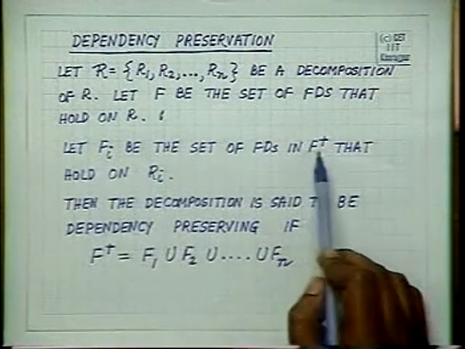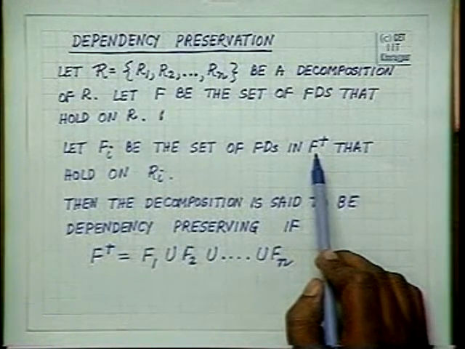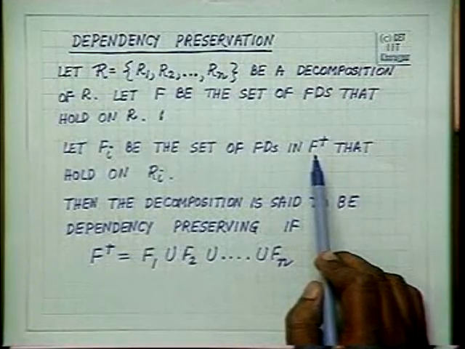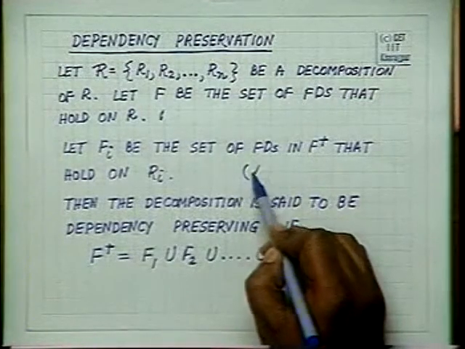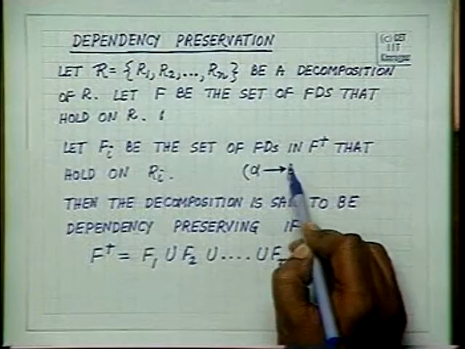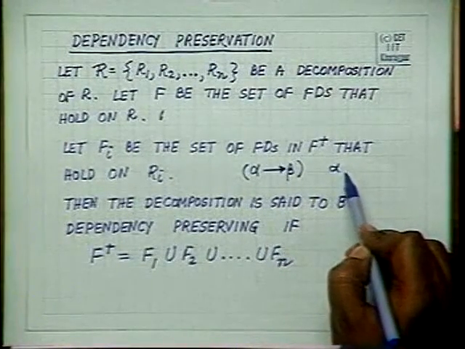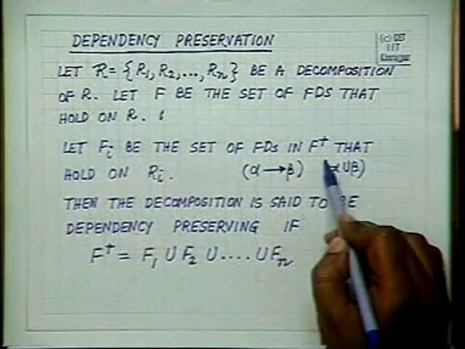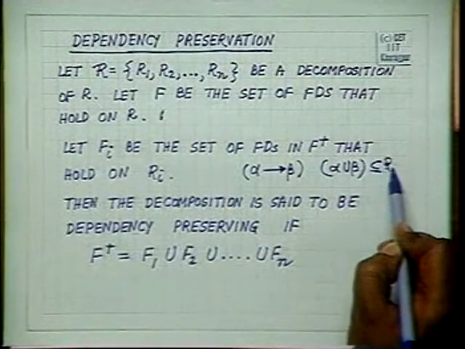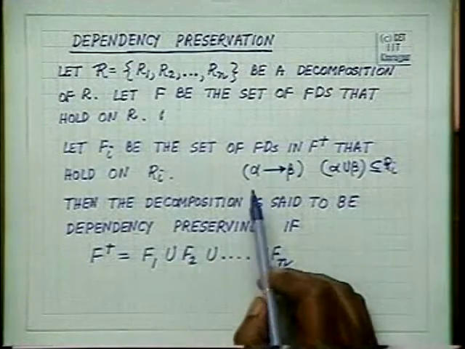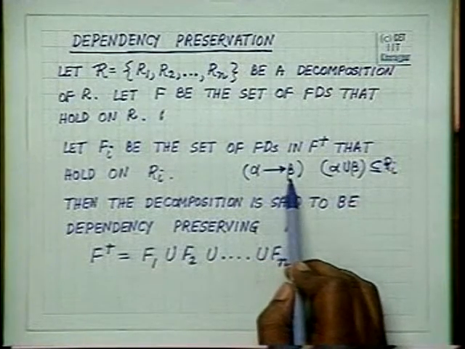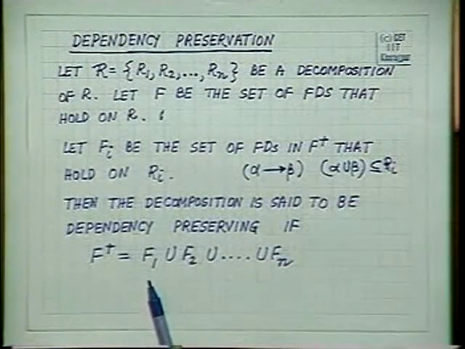This effectively means that in F plus, those functional dependencies of the form alpha to beta, such that alpha union beta is a subset of Ri. So let there be a functional dependency from alpha to beta in F plus.